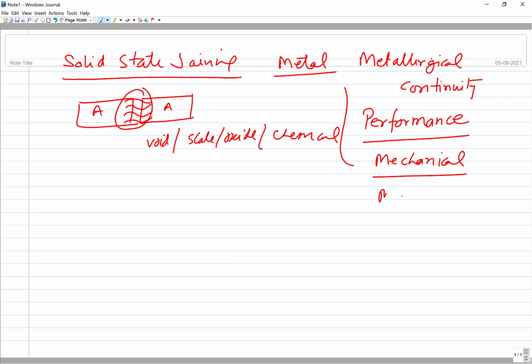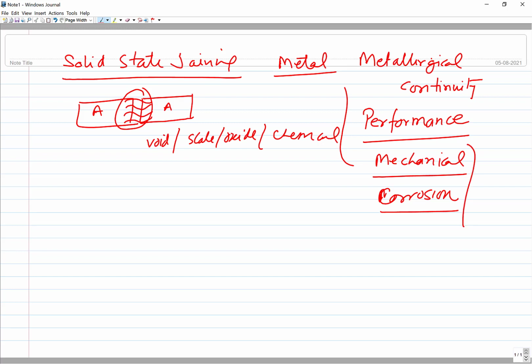Likewise, you may be looking at corrosion behavior, how corrosion resistant a joint is. That will be governed not just by continuity but by homogeneity. For mechanical properties you may need the metallurgical continuity, but for corrosion performance the homogeneity or uniformity of the metallurgical characteristics will be important.